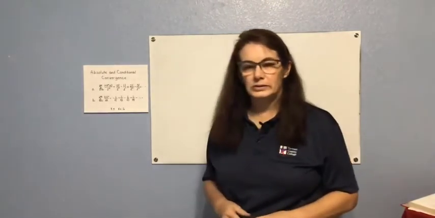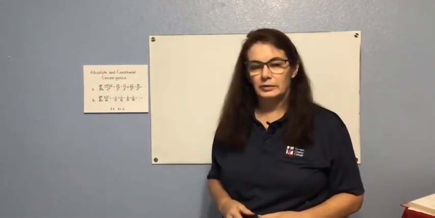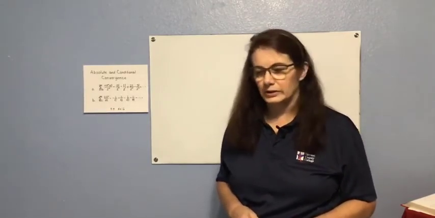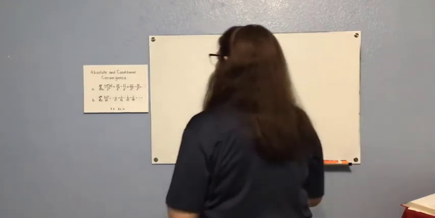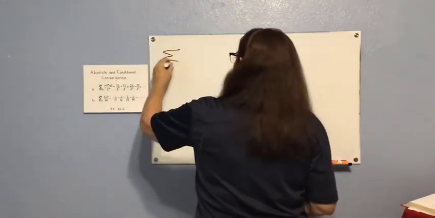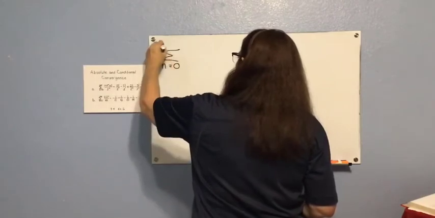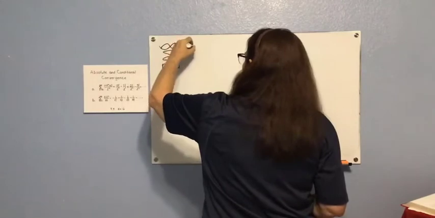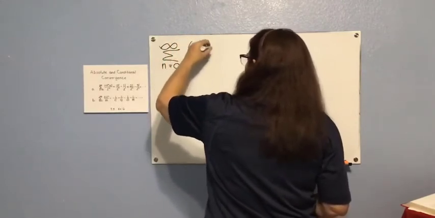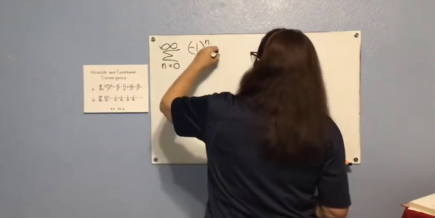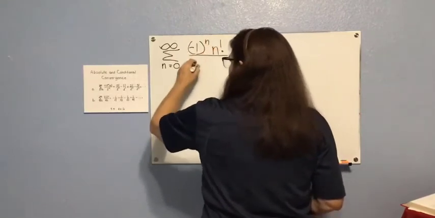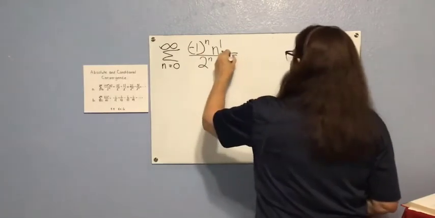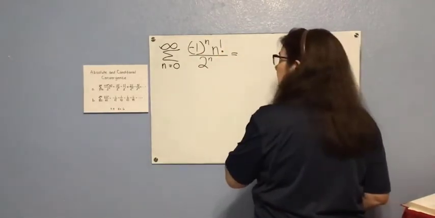Now we're going to use these definitions to determine if series are absolutely convergent or conditionally convergent. So we'll start with this one. We'll just write out the first few terms here.